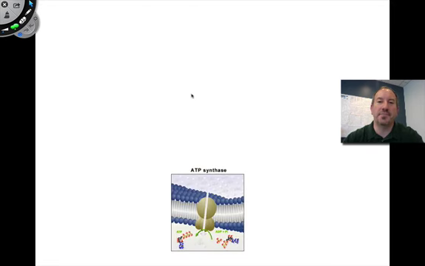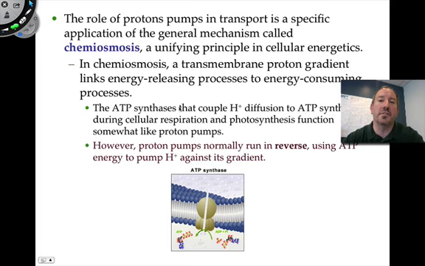Pretty cool. And so finally what I wanted to say is about these proton pumps. I don't want to confuse you, and I think the mere mortal student can be confused. This is the opposite of what we have talked about before in the mitochondria and in the chloroplasts, when those two organelles use an electrochemical gradient to produce ATP.